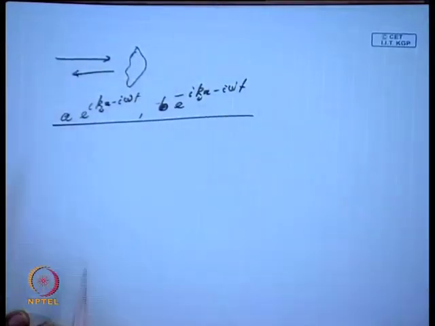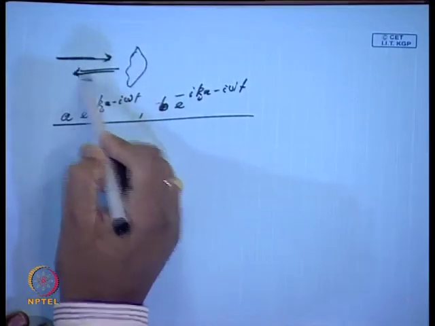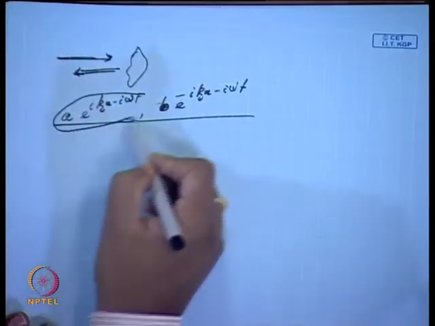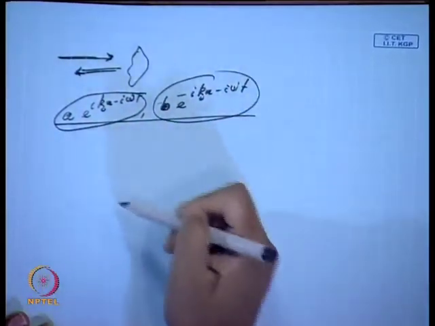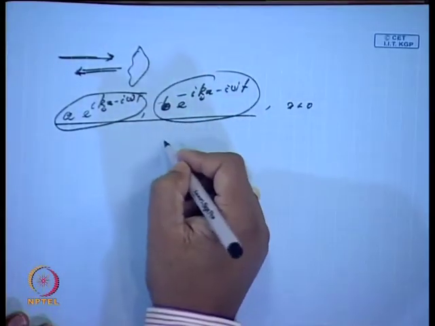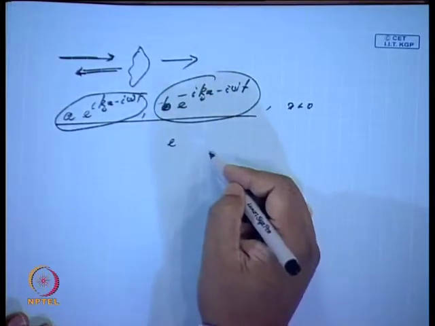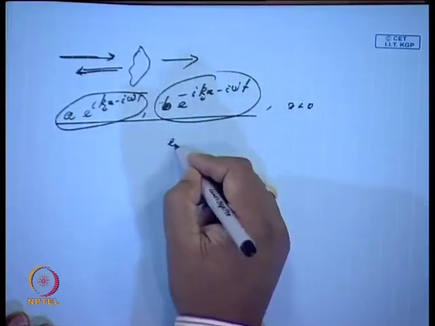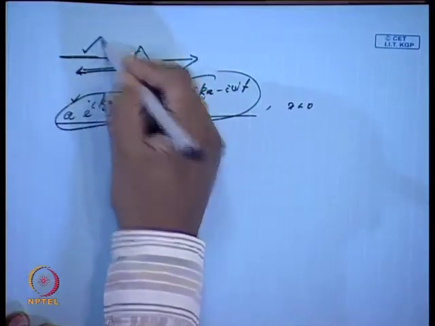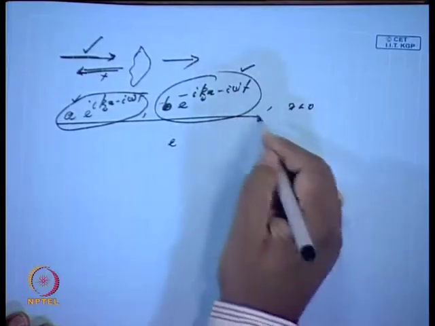So if we have a scattering problem, we may have an incident wave and also a reflected wave. This will contribute to the incoming wave, and this contributes to the outgoing wave, as far as x less than 0 is concerned. These are the two waves: this one corresponds to the incoming wave and this one to the outgoing wave for x less than 0.